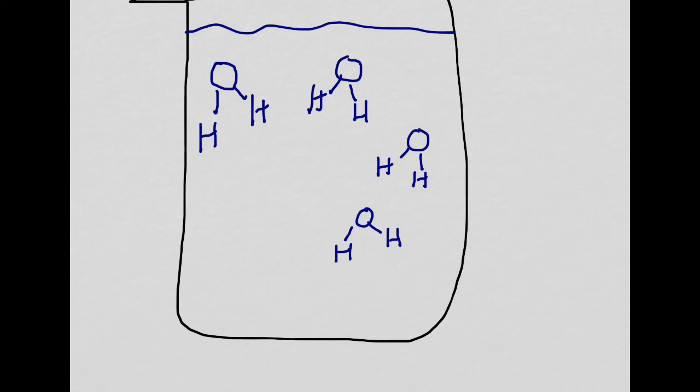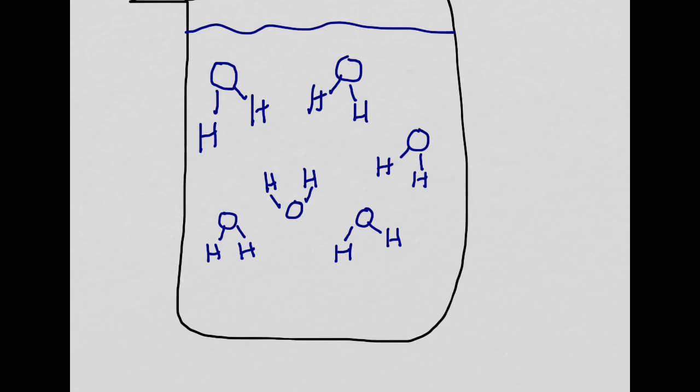And remember from our lecture on covalent bonds, on polar covalent bonds, which is how water is made, how it exists. These bonds between the hydrogen and the oxygen are polar covalent bonds.